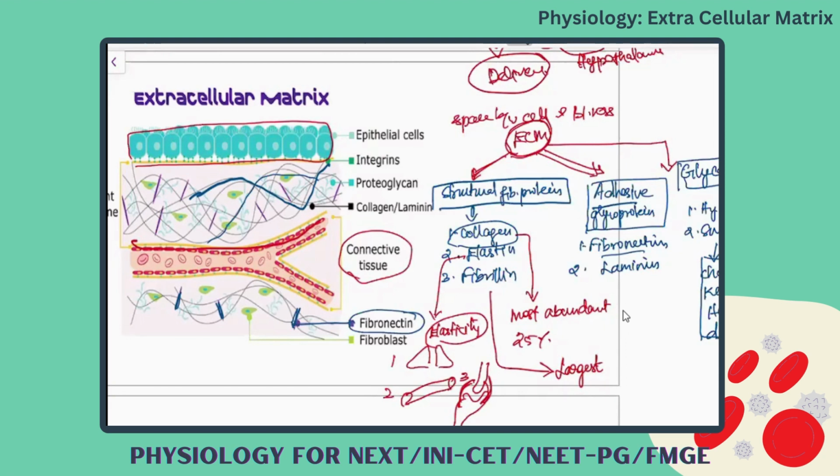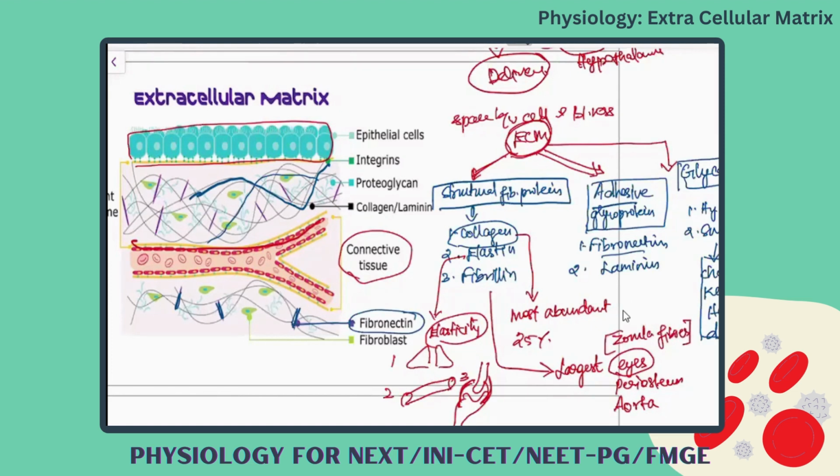This fibrillin is present in the eyes, the periosteum, and in the aorta, the walls of the blood vessels. In the eyes, where is this fibrillin present? In the zonular fibers. Where are the zonular fibers?